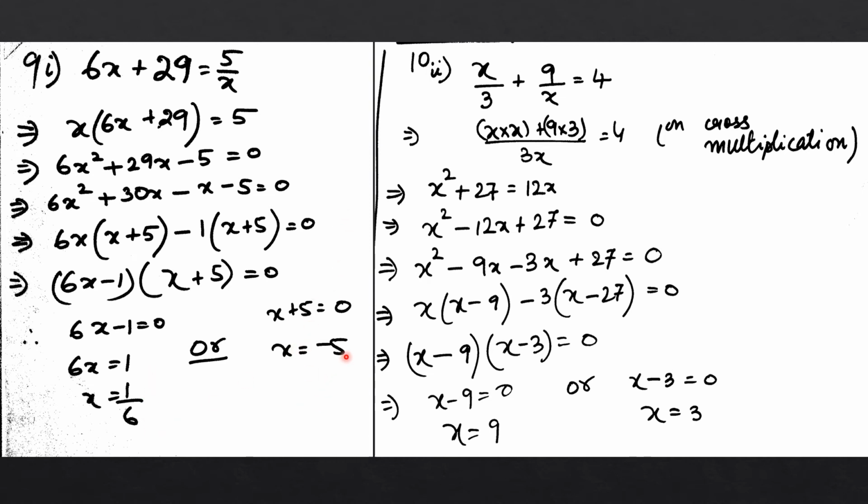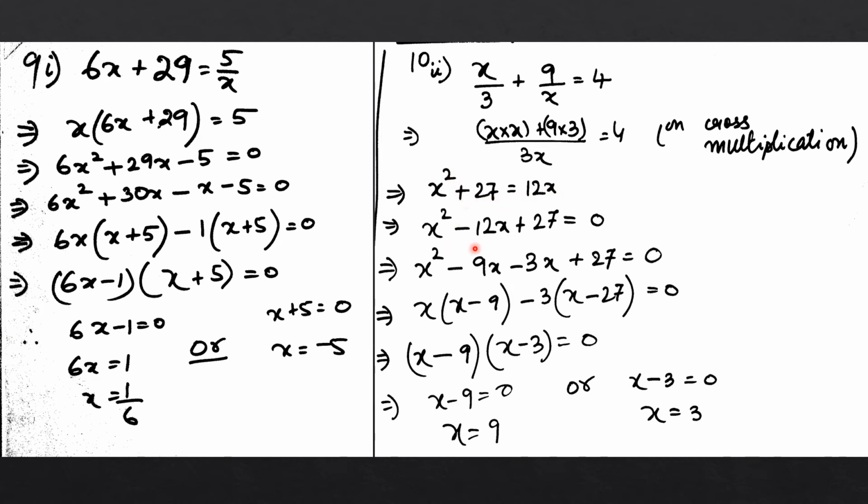If you solve this, we get our answer as x is equal to 1 by 6, or x is equal to minus 5. Similarly, we also have question number 10, where the values of x are either in the numerator or in the denominator. Here what we can do is take the LCM. So x will be multiplied to x, and 9 will be multiplied to 3. So we get our equation in this form: x square plus 27 is equal to 12x.